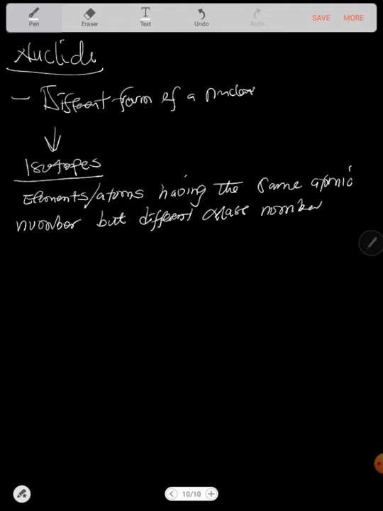That's a basic definition of an isotope. So these are atoms of the same atomic number but different mass number.